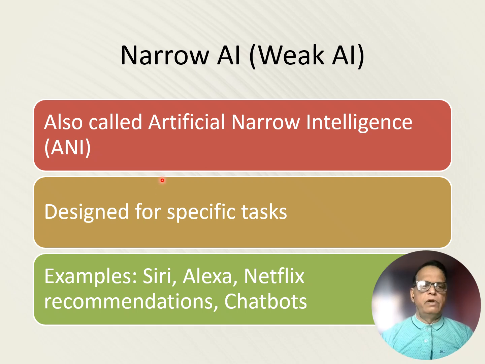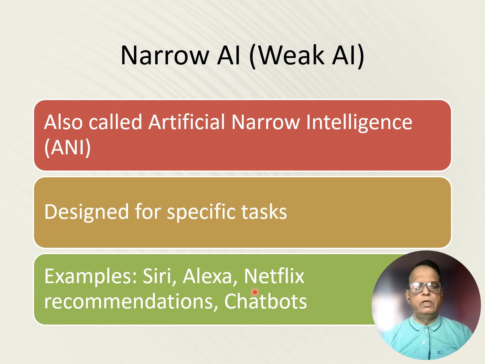So let us understand what narrow AI is. Narrow AI is also called artificial narrow intelligence, or in short form ANI. This AI is designed for a specific task. For example, when you use Alexa or Siri on your mobile phone, these are examples of narrow AI.